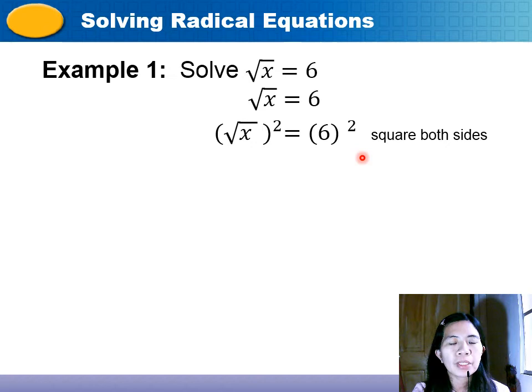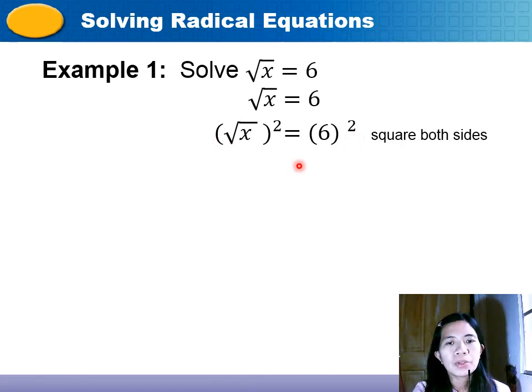First we are going to isolate, but remember it's already containing the square root of x, meaning it's already isolated. Second, we raise to a power. The index here is 2, meaning we are going to square both sides of the equation.